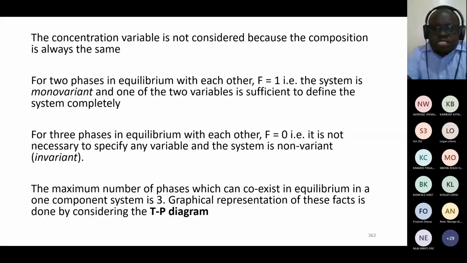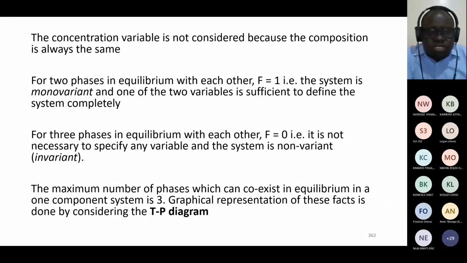Now here the concentration variable is not considered because the composition is always the same. We're talking about a one component system. For example, water. For a system that consists of only water, you don't have to consider the concentration of water in this case.